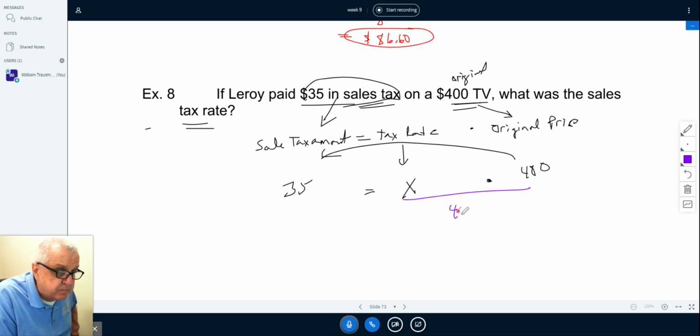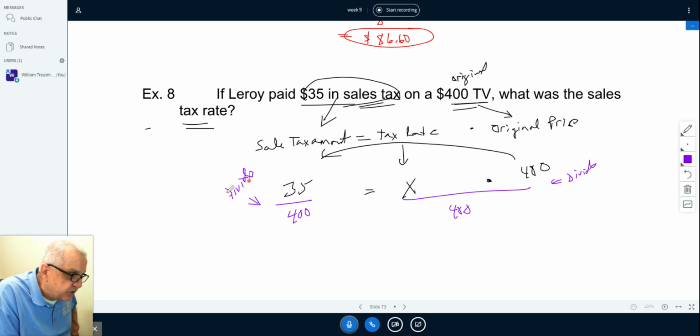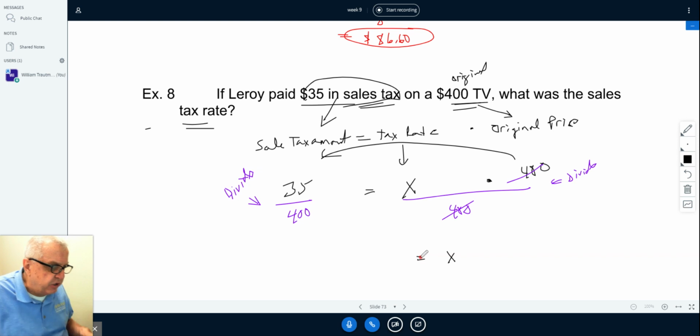If I divide this by 400, and I divide this side by 400, whatever you do to one side, you have to do to the other. 400 and 400 cancel. I am left with X equals 35 divided by 400. 35 divided by 400. I'm left with 0.0875.